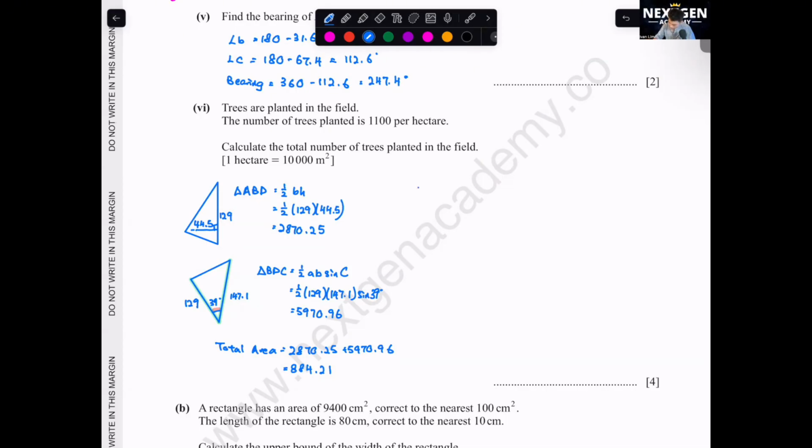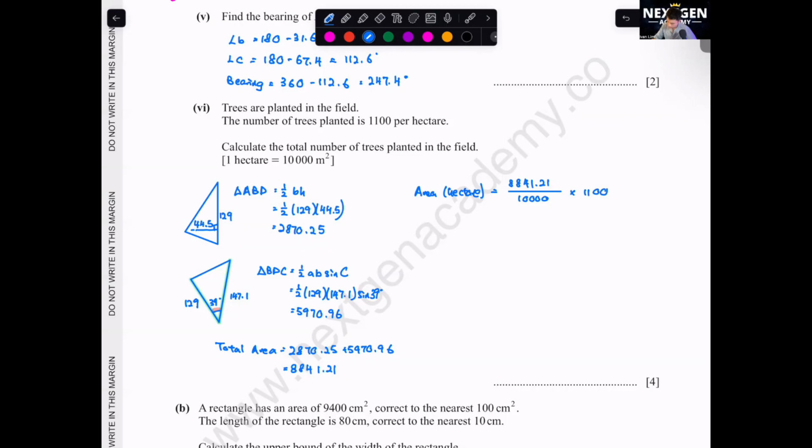Okay, so area, this one now in hectare, which will be, oops, sorry, it's 8841.21. Okay, you divide it by 10,000 and then you multiply by 1,100. Okay, divide by 10,000, then 1100.